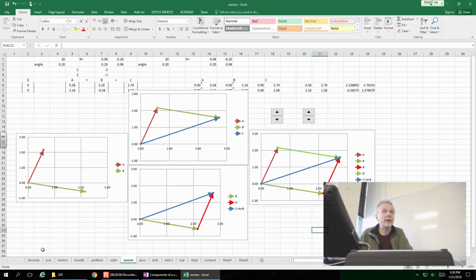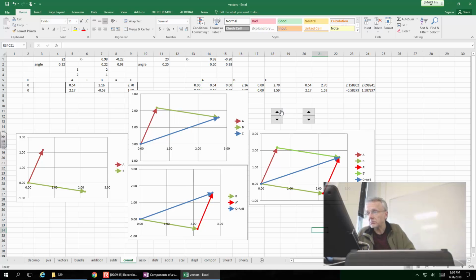It is commutativity, right? So either A plus B or B plus A below. And then the third picture is supposed to demonstrate that the result is the same. The blue one on top is the same as the blue one at the bottom, right? So that's supposed to illustrate commutativity.